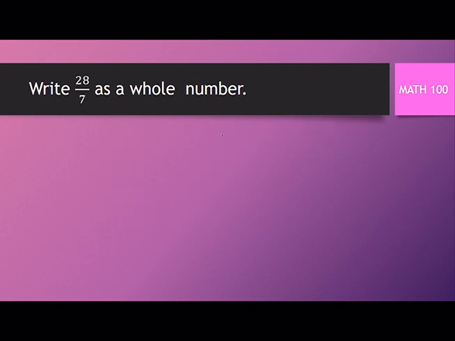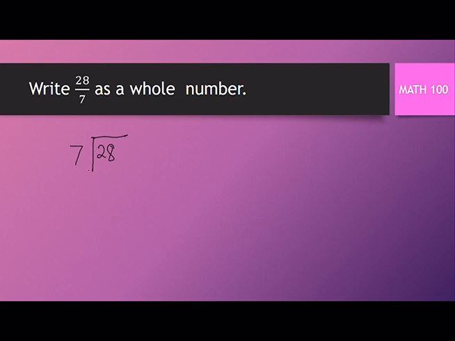Next, we go for writing 28/7 as a whole number. Again, this is still the same. If you want to look for the answer, you can pause the video and then resume it once you're done. Okay, so your 28 will go inside, and this is your symbol, and the 7 will be outside as the divisor and the denominator as well.